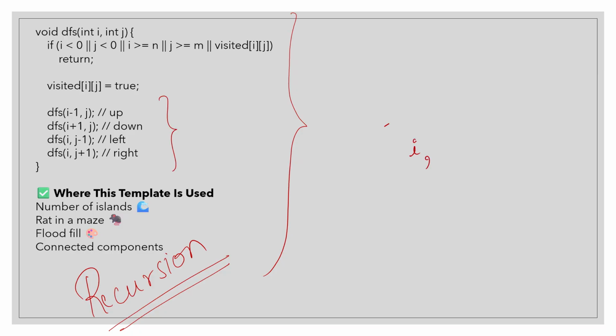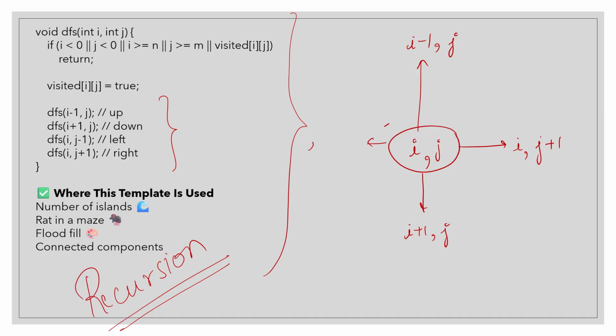Now, what I was saying: i, j; i minus 1, j; i plus 1, j; i, j plus 1; i, j minus 1. This template is applicable to number of islands, rat in a maze, flood fill, and connected components. But it takes more time complexity.